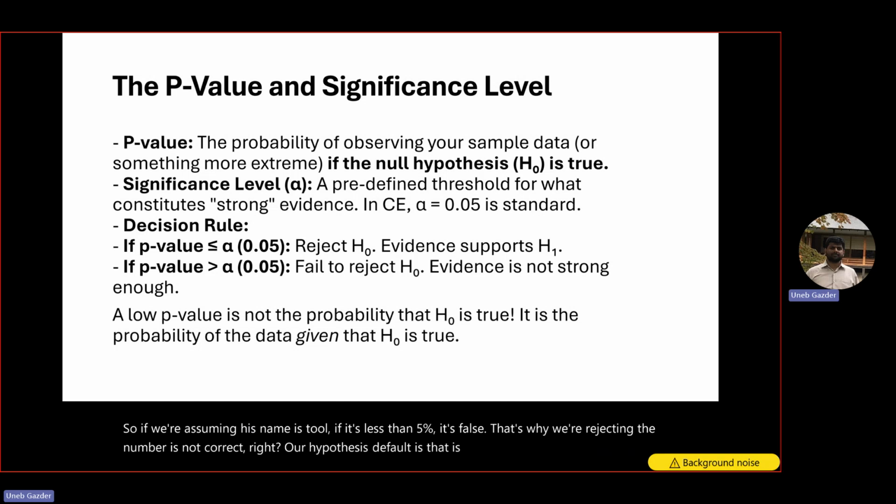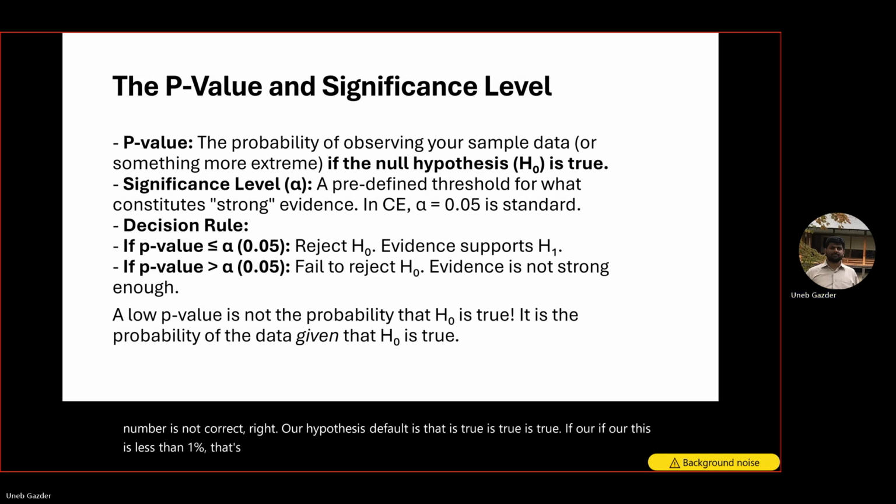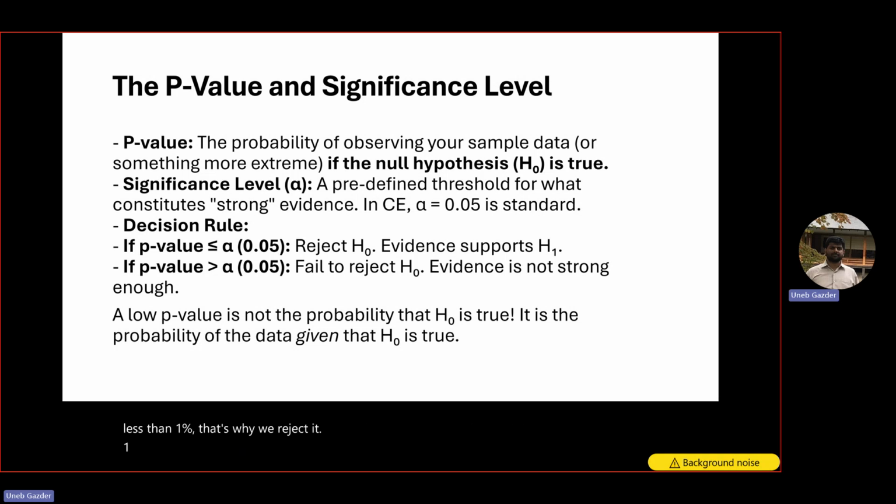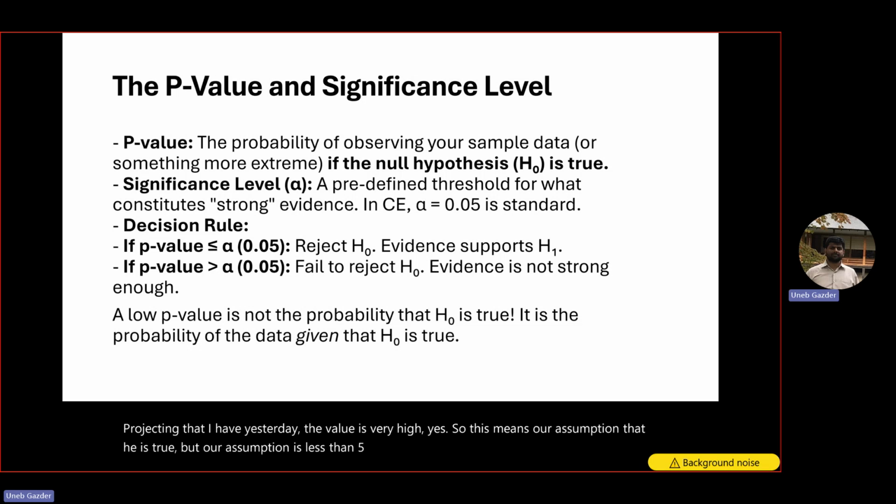If the probability of our hypothesis is less than 5%, that's why we're rejecting. If it is less than 5%, we are rejecting the hypothesis. So our assumption that he is true has less than 5% probability. That's why we're rejecting.